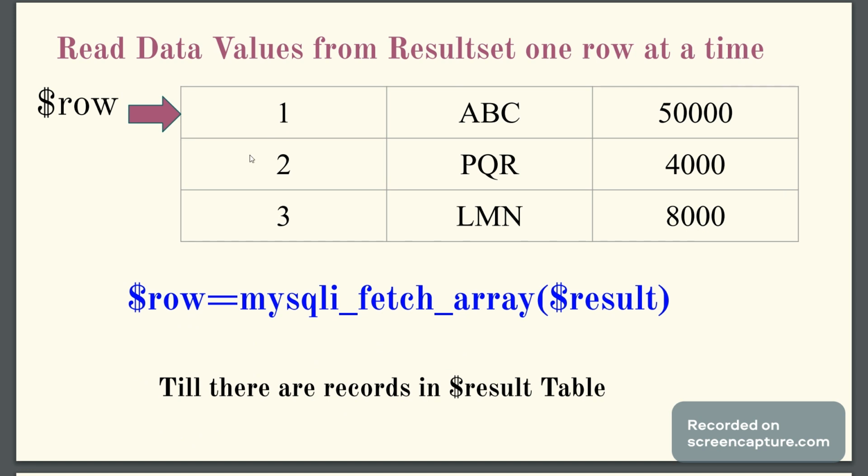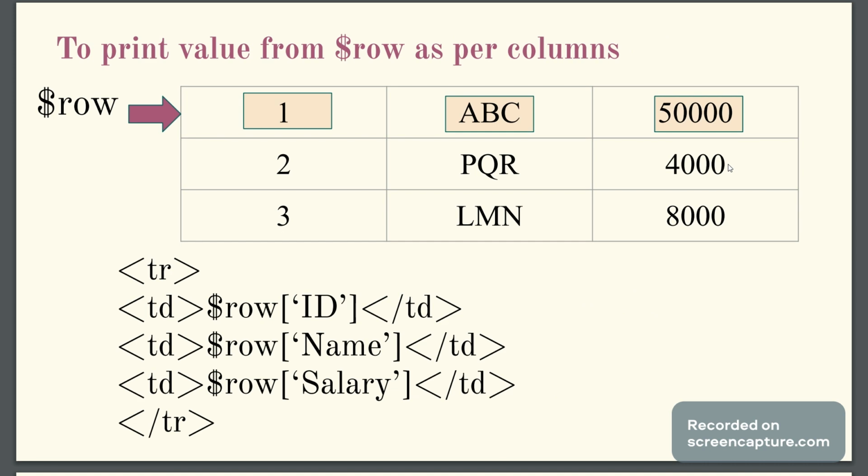Now this row variable is having three cell values, that is three column values. Now we have to print those values in our empty table as data. So for that we have to create a table row.